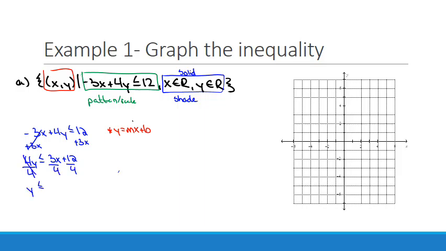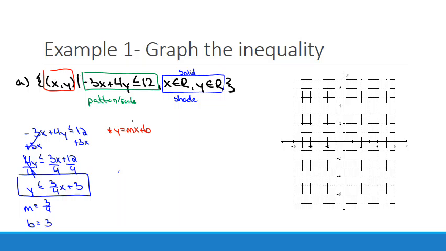Now again, you've got to watch that when you divide or multiply by a negative, you've got to change the direction of that sign. I'm dividing by a positive, so I have nothing to worry about. Okay, so now I've converted this inequality into that y equals mx plus b form. Same idea, so my slope is 3 over 4, and my y-intercept is positive 3.